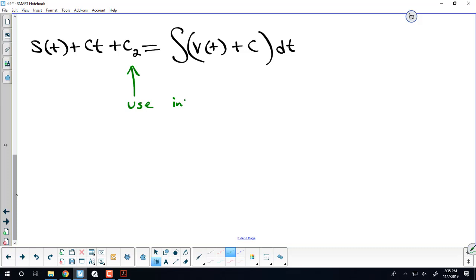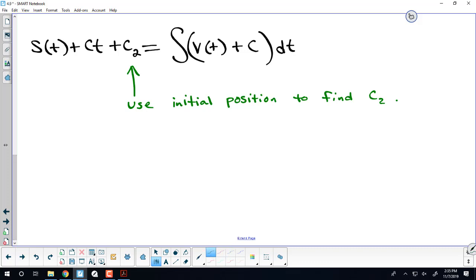But again, that constant coming out of the antiderivative of the velocity, we use the initial position to find c, too. And that's the more technical way to think about it.